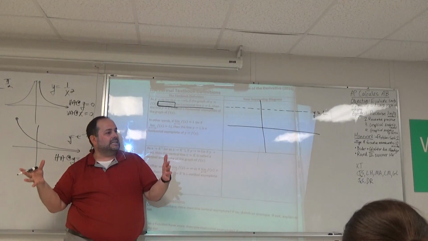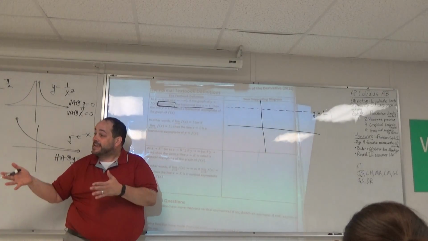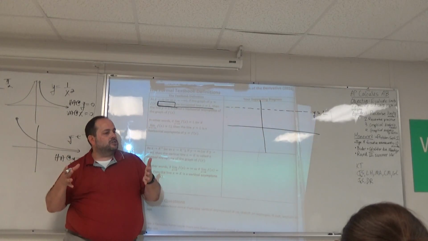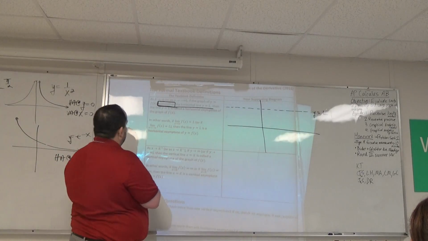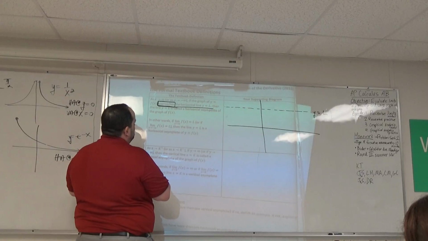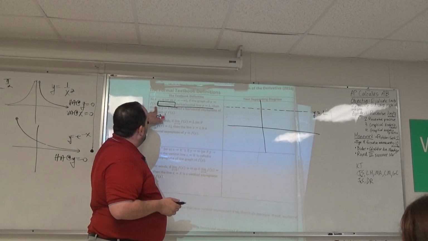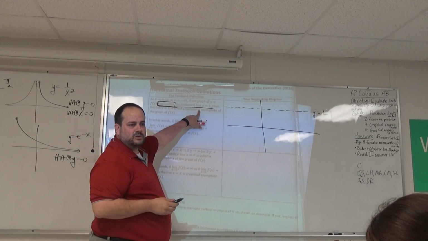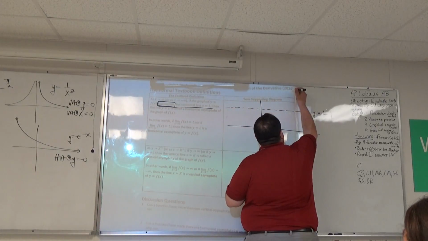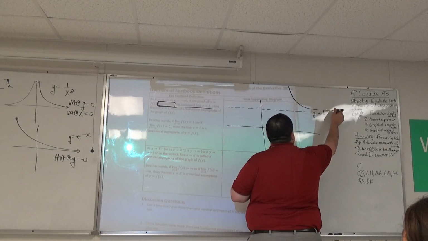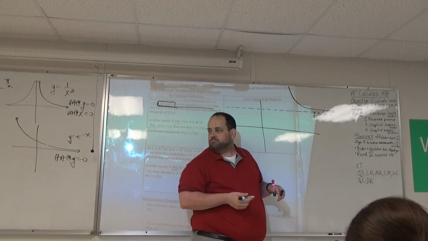It's a guideline. You don't actually ever get there. You're getting closer. According to this definition, as x approaches infinity, the graph approaches the horizontal line y equals L. So maybe we're thinking something like that. Is that approaching y equals L?